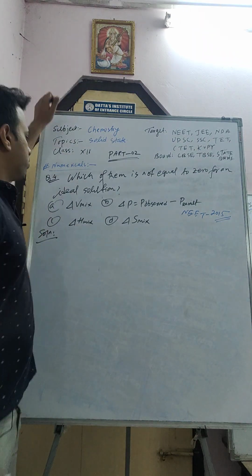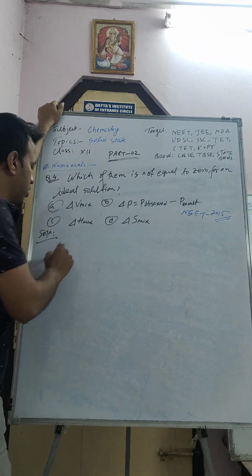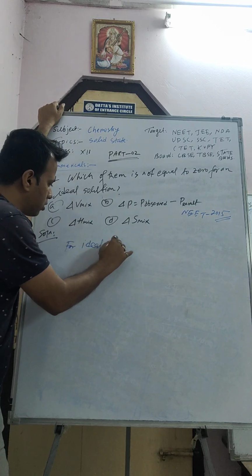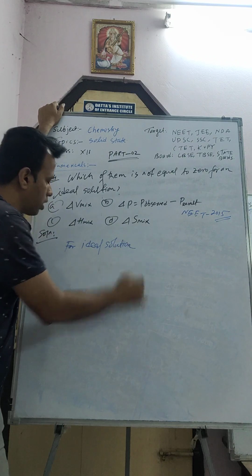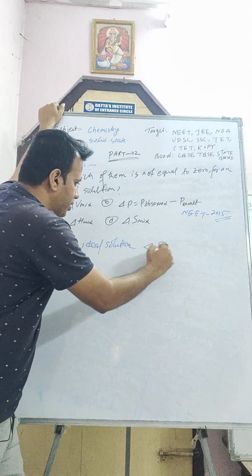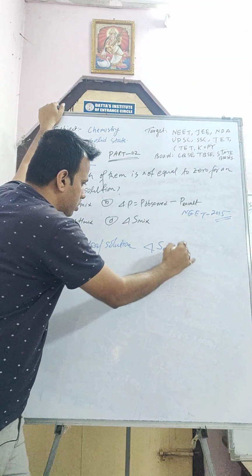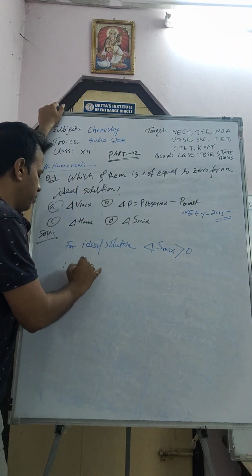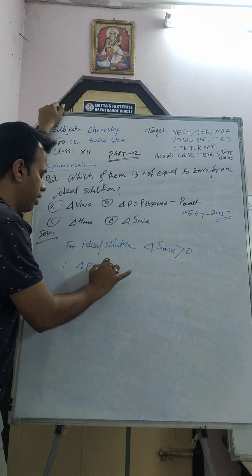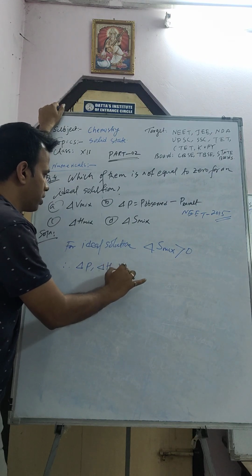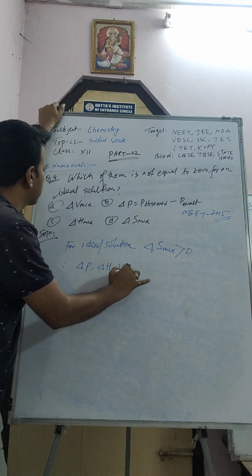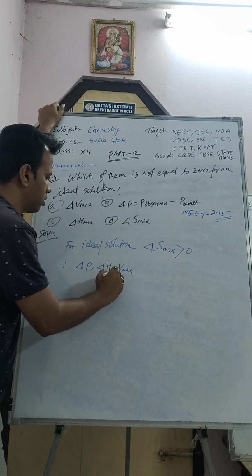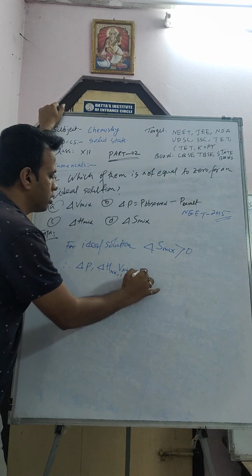So for an ideal solution, delta S mix is greater than 0, and delta H mix is always 0.